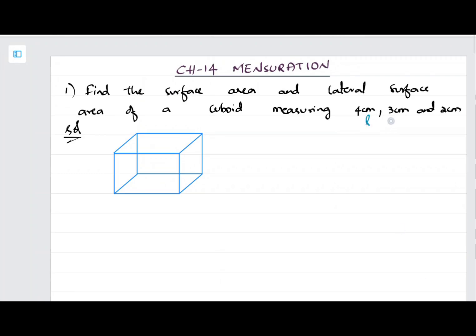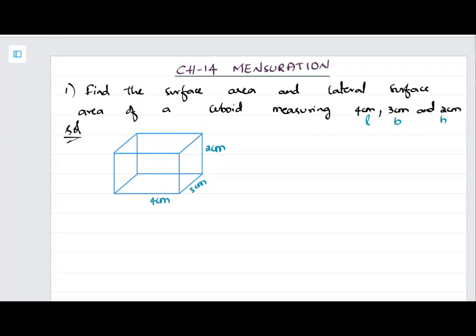They will give it in the form of L into B into H. So what have they given? Let's take this as length 4 centimeters, breadth 3 centimeters, and height 2 centimeters.